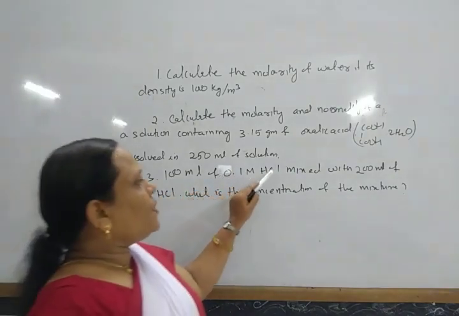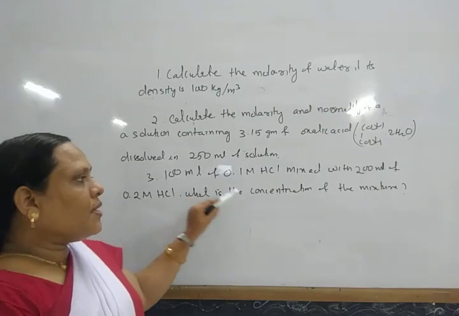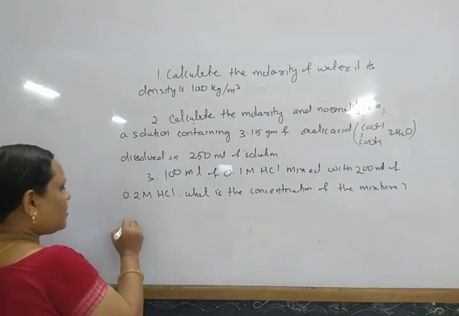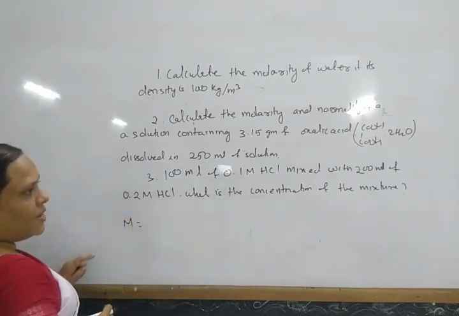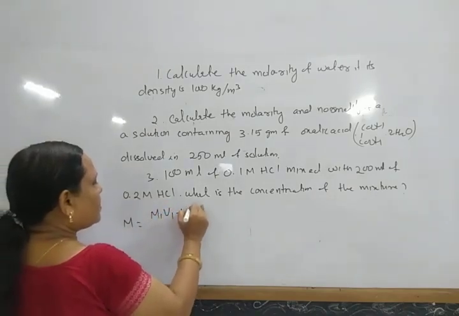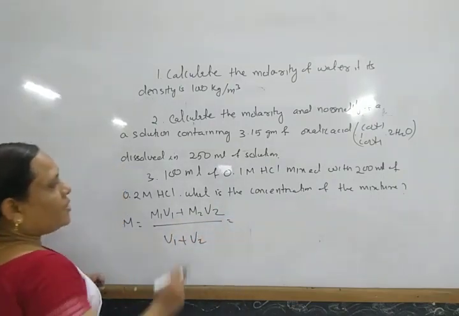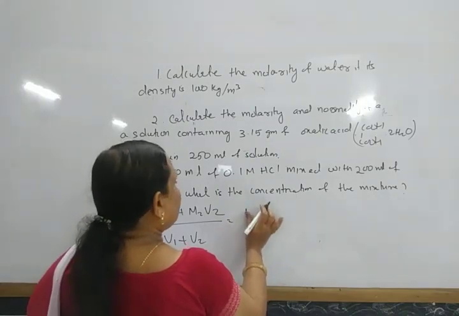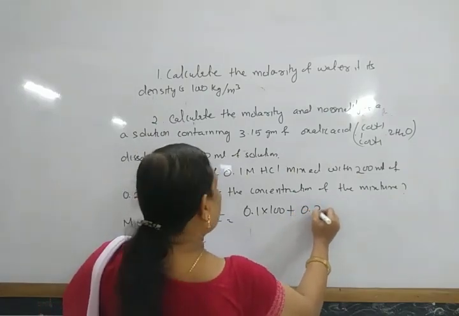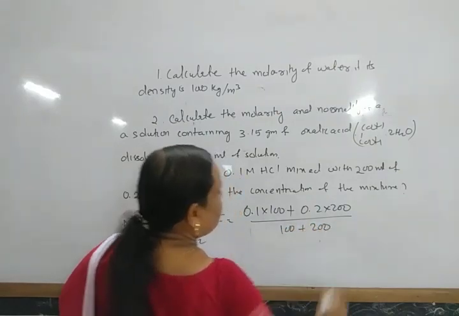100 ml of 0.1 M HCl is mixed with 200 ml of 0.2 M HCl. What is the concentration of the mixture? Two solutions are mixed, so the resulting concentration is given in molarity: M equals M1 V1 plus M2 V2 by V1 plus V2, that is 0.1 into 100 plus 0.2 into 200, divided by 100 plus 200.